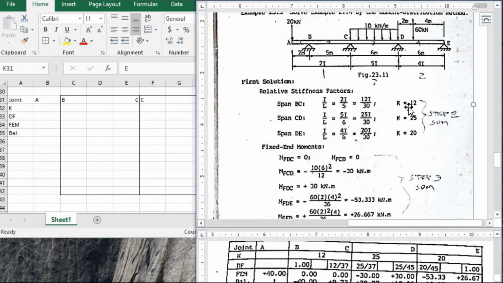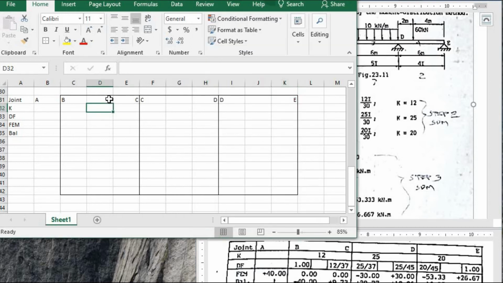For BC, we have 12, 25, then 20. Yan. So 12 dito, 25, and then 20. Pwede mong i-align center yan. Next is, computin na natin yung distribution factors.